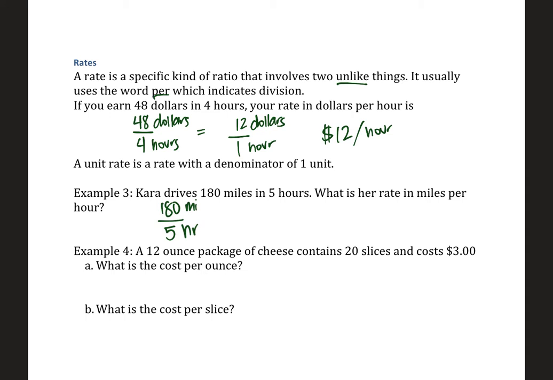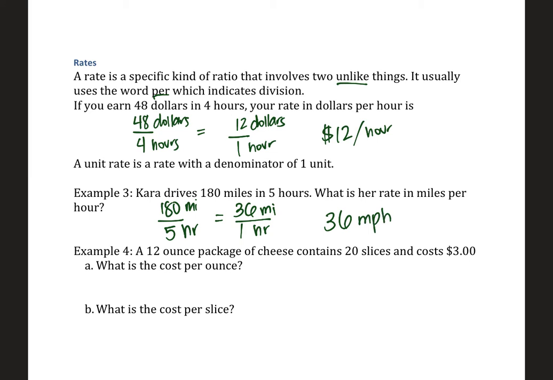I know 180 and 5 are both divisible by 5 because 180 ends in a 0. 180 divided by 5, you can do the long division, but it's going to come out to 36. So we have 36 miles per 1 hour. You can also write this as 36 mph, or miles per hour.